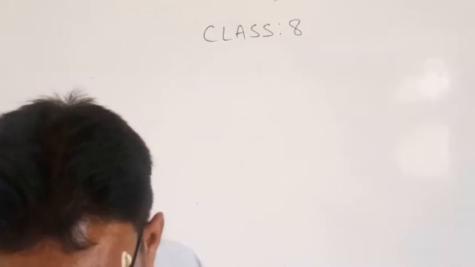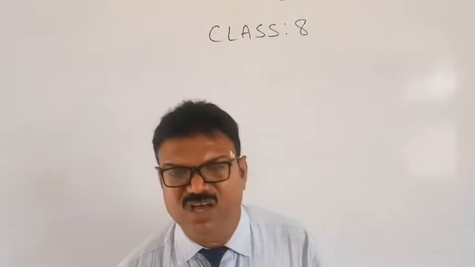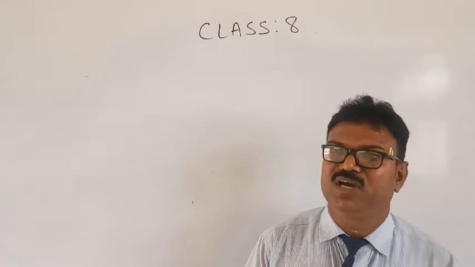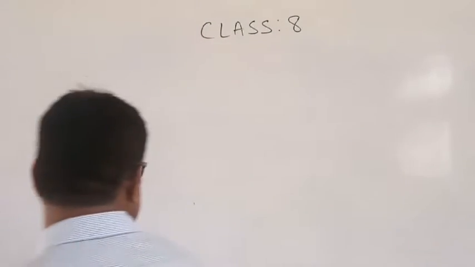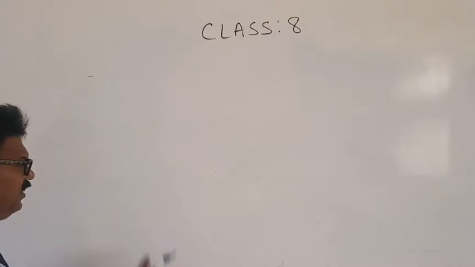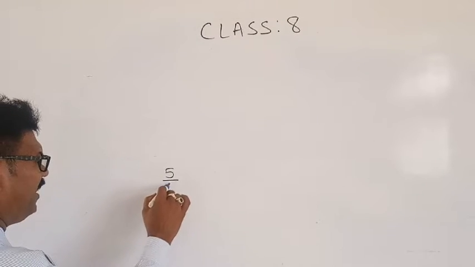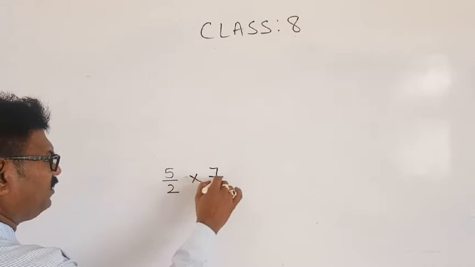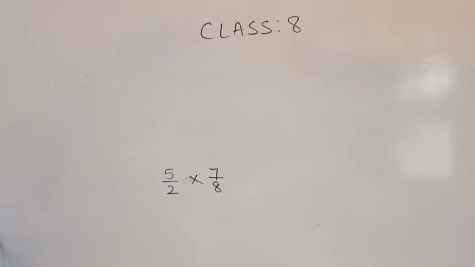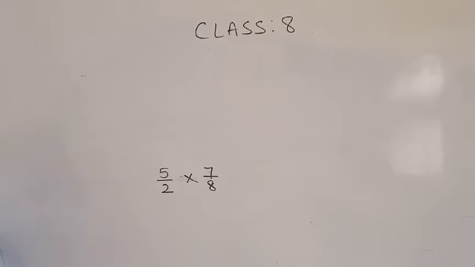Is the product of two rational numbers always a rational number or not? See, very simple. Let's see, for example, 5 by 2 into 7 by 8. 5 by 2 into 7 by 8 means what happened?